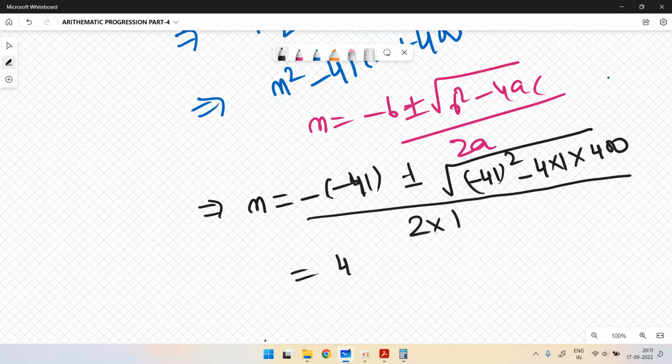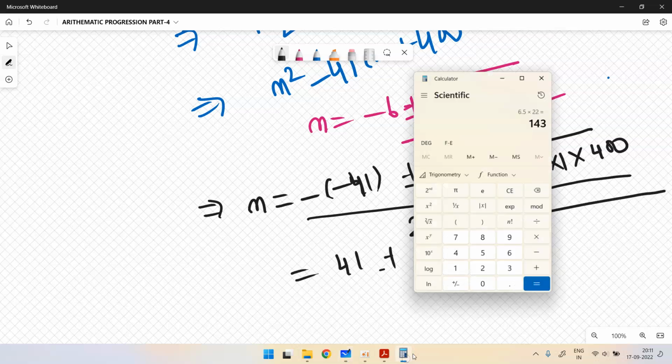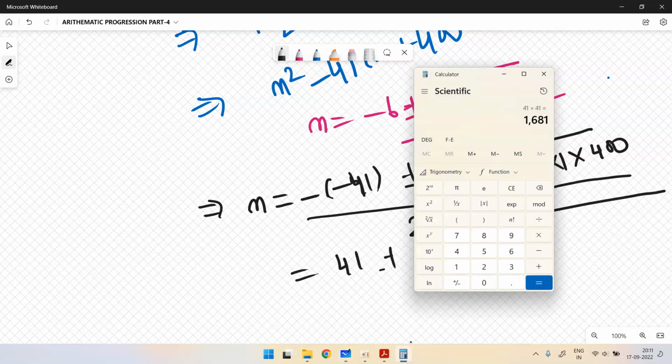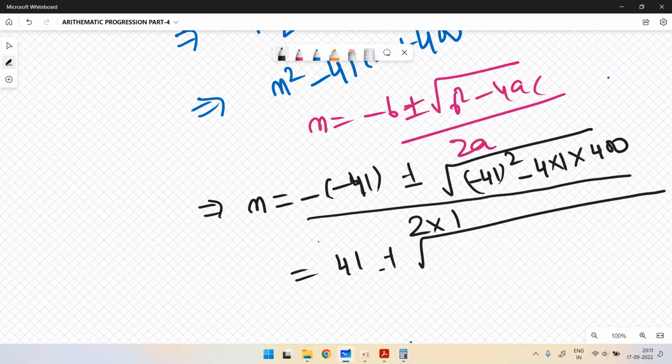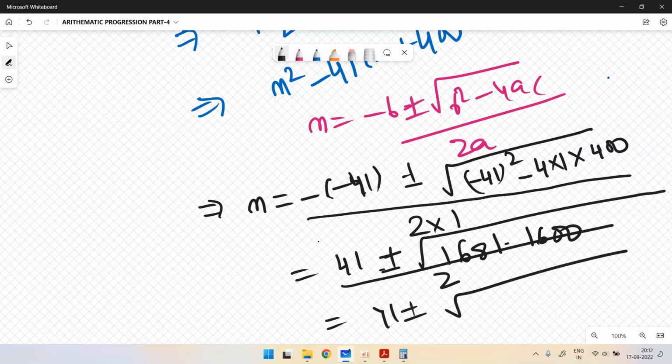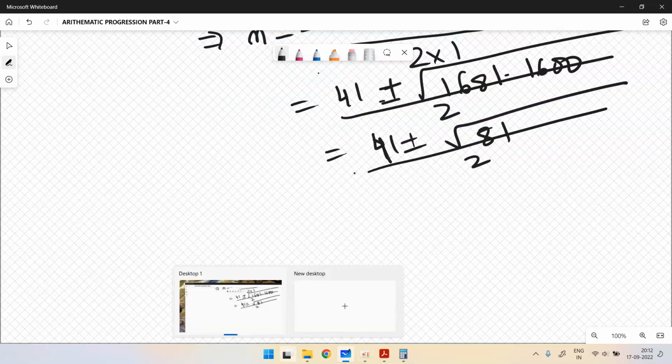This is 41 into 41, 1681, minus 1600, which is 81. Under root 81 is nothing but 9. So this is 41 plus or minus 9 by 2.